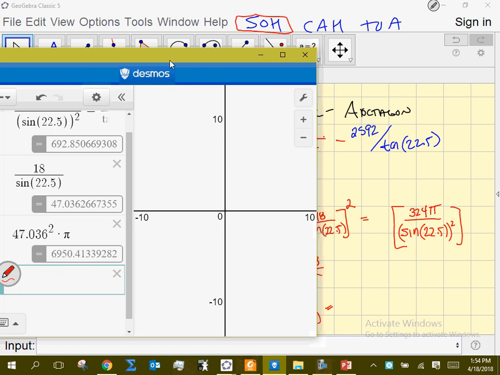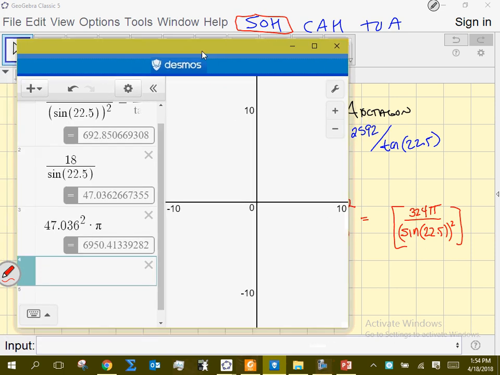And then, like I said earlier, I might have done 1/2 my apothem, which, let me check the apothem real quick, was 18 divided by tangent of 22.5.